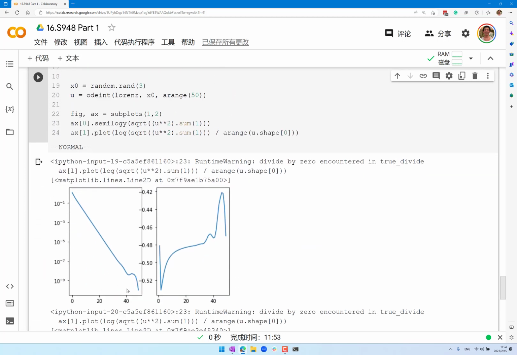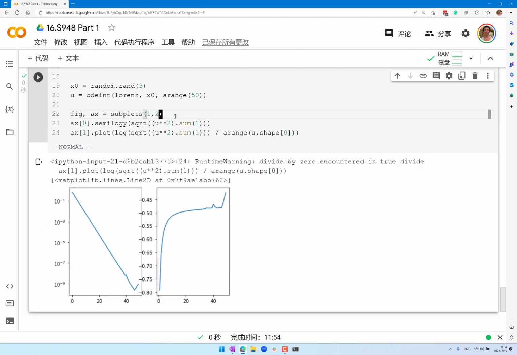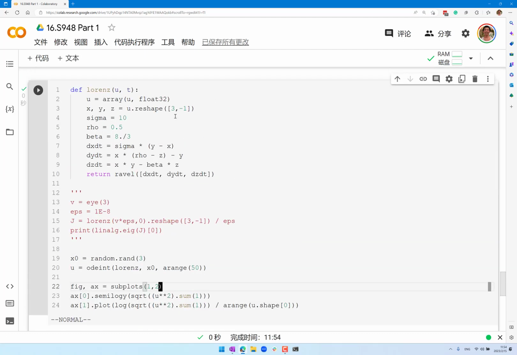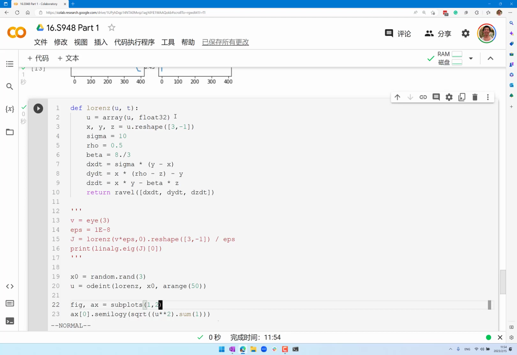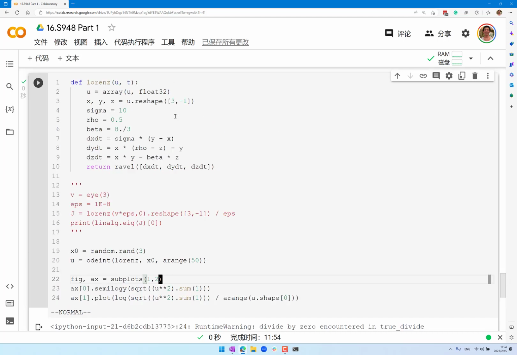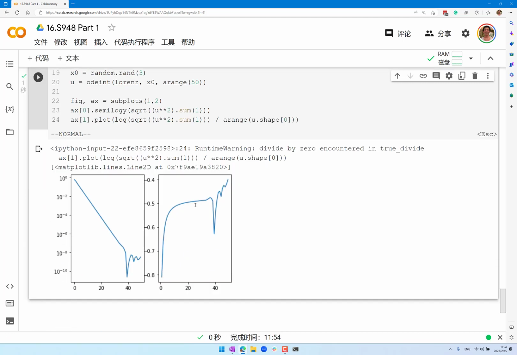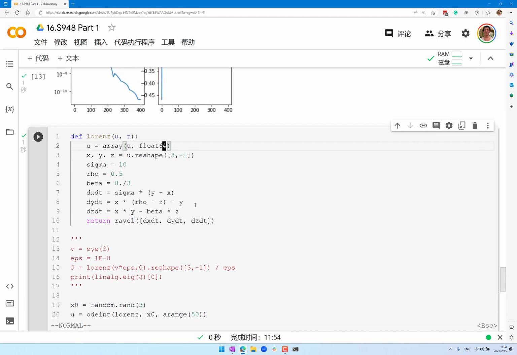So you see this breaks down around time 40. It still breaks down at time 40. If we do it with 64, it breaks down at the same time.